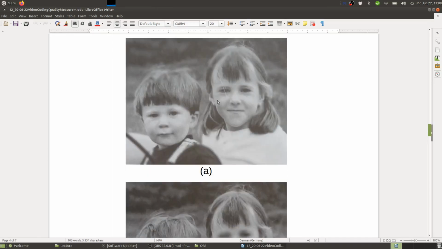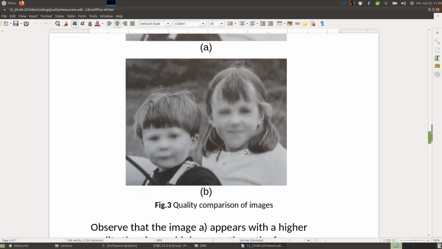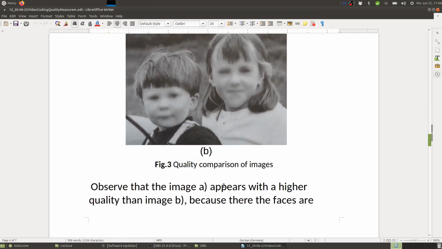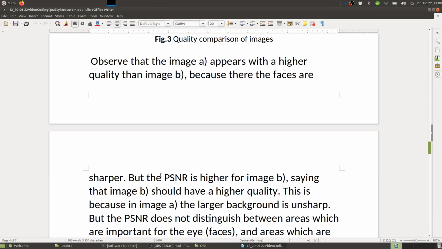Here you have A, which looks nice and sharp, and here you have B, which kind of looks blurry, right? So observe that image A appears with a higher quality than image B. And this is because the faces are sharper in A, right? But the PSNR is higher for image B, saying that image B should have a higher quality.